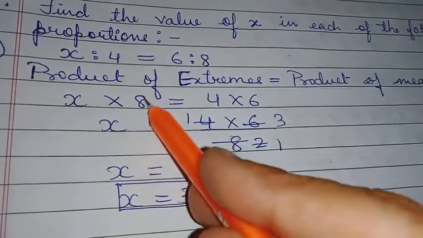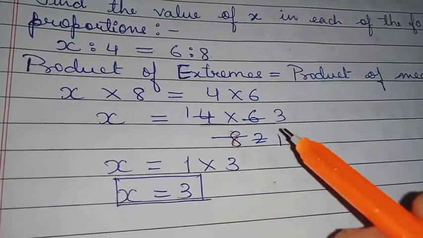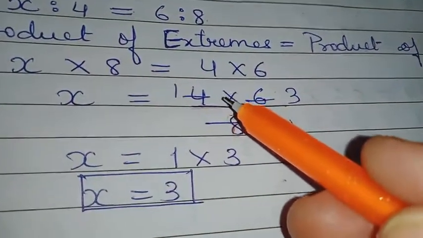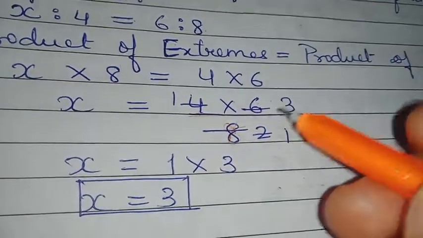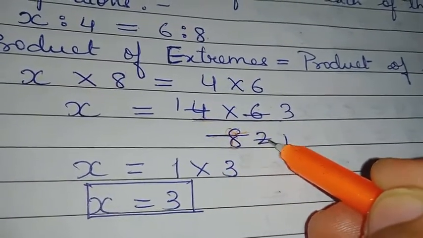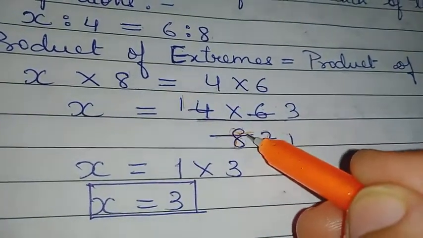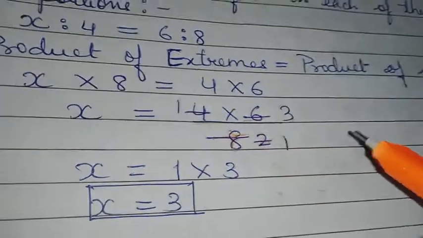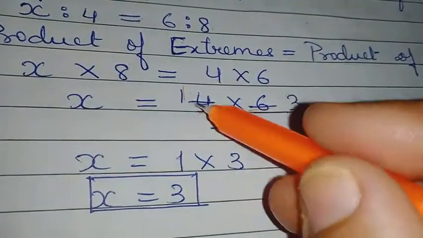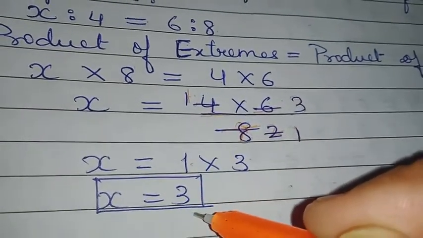So this multiplied by 8 became divided by 8, right? So 4 by 6 already was there. So 8. So here 4 1s are 4, 4 2s are 8, 2 1s are 2, 2 3s are 6, right? So 3 1s are 3. Okay.